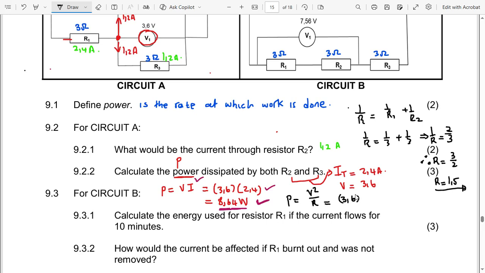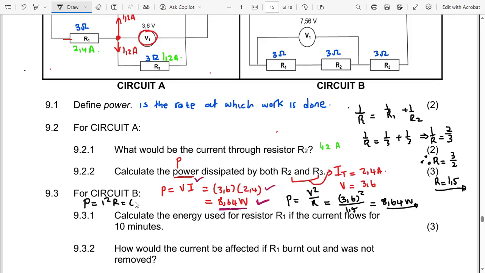This will be 3.6 squared. Divide that by R, which is 1.5. And this should give you the same answer of 8.64. You can also confirm that on your calculator. Then let's say maybe someone prefers to use this one. Power is equal to the current squared times R.